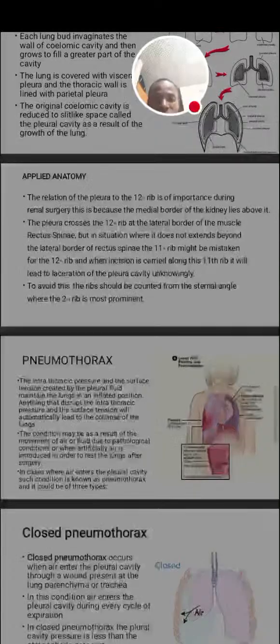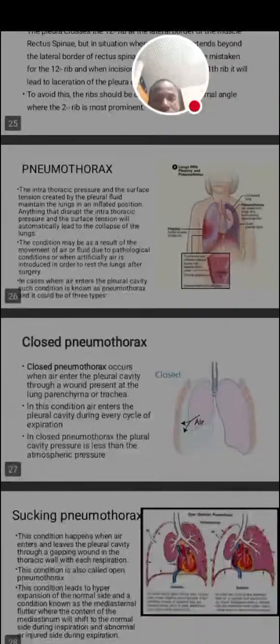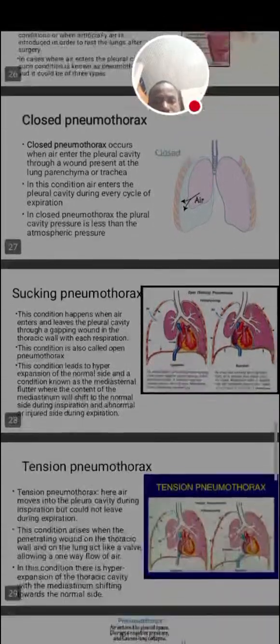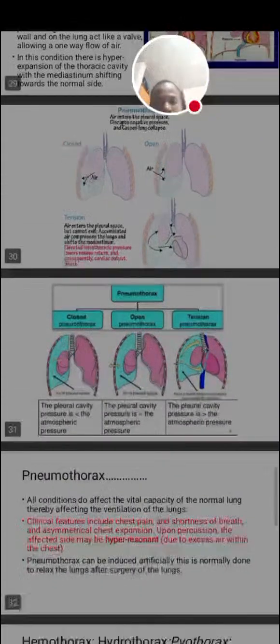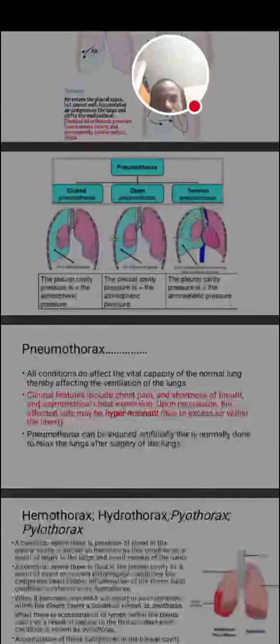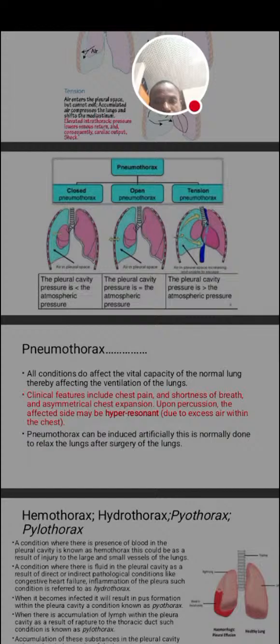And we've already said something about pneumothorax. Sucking pneumothorax, tension pneumothorax. Closed, open, and tension.